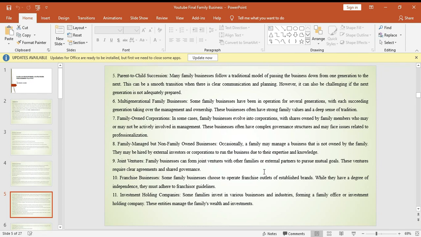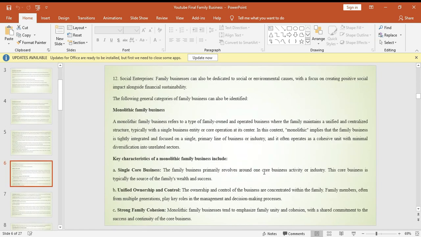11, investment holding companies. Some families invest in various businesses and industries, forming a family office or investment holding company. These entities manage the family's wealth and investments. 12, social enterprises.